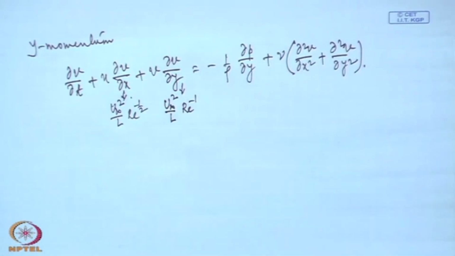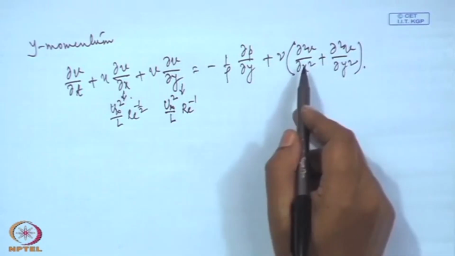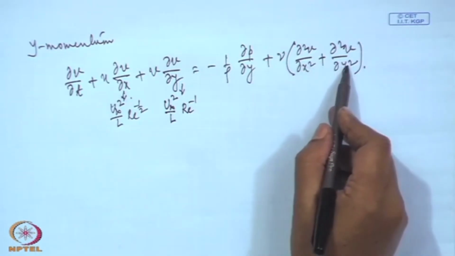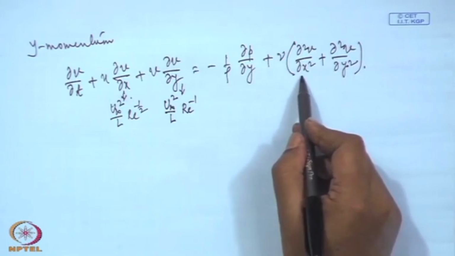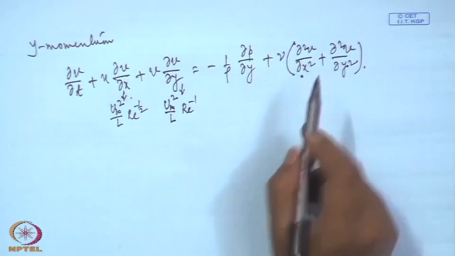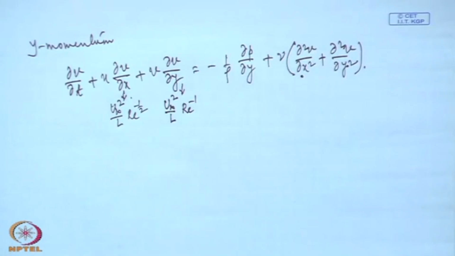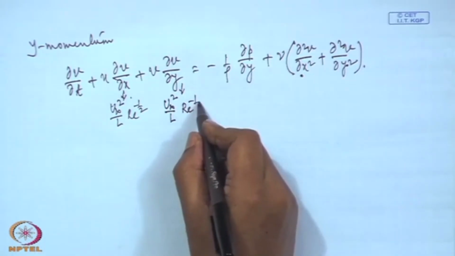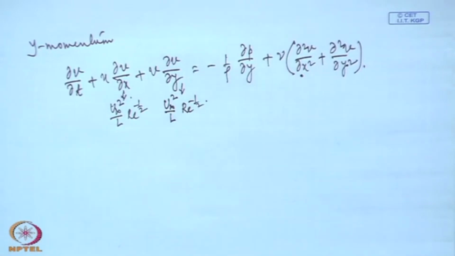Here, the first one, the second one. No sir, this one, left hand side, it also should be Re to the power minus half, not minus 1.